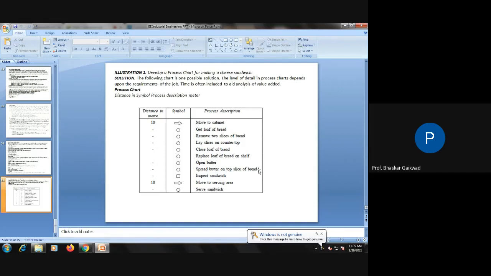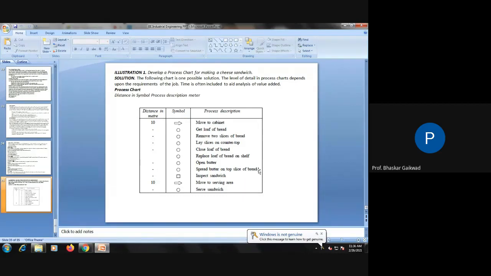How much time is required for transportation? What distance is covered by this transportation? What is the time for applying the ghee on the bread, closing the bread, and so on? So you can calculate the total operation time and the total transportation distance covered.